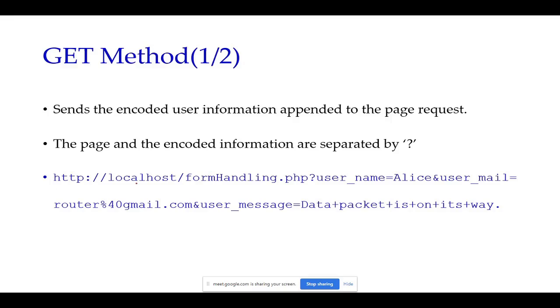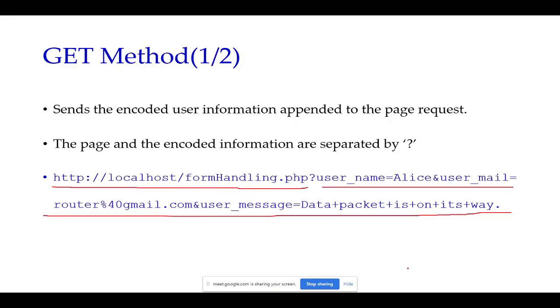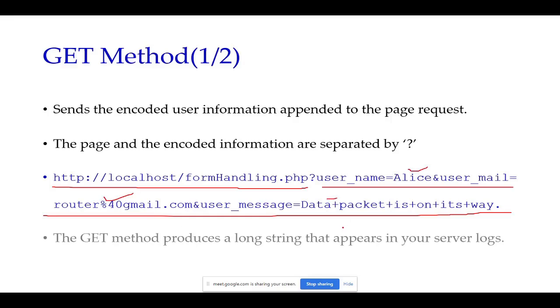Here is the example. This is your page and this is encoded information. It's not a good practice. If you use get method, all your data will be displayed on the browser. So as mentioned, the get method produces a long string which will appear in the server log.